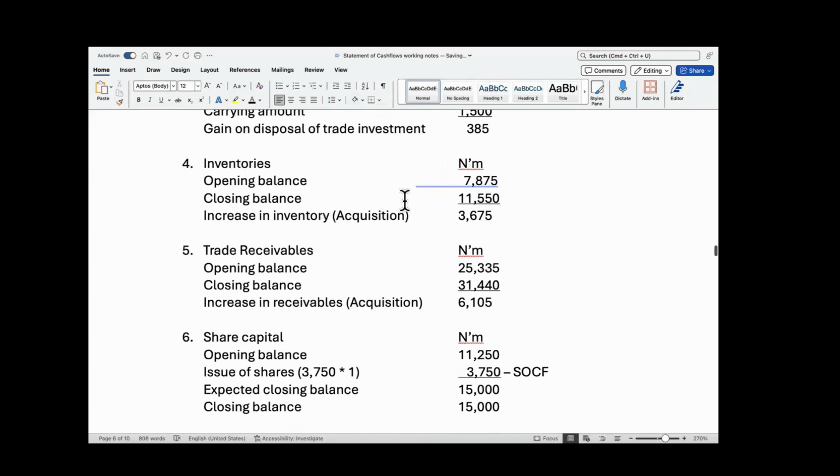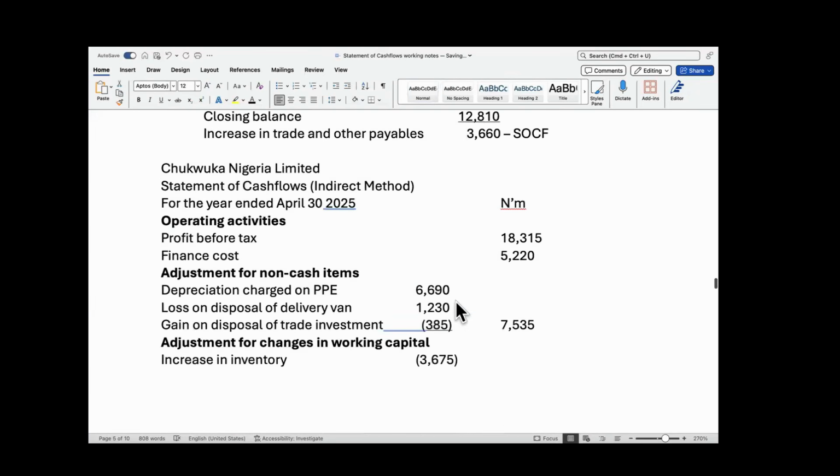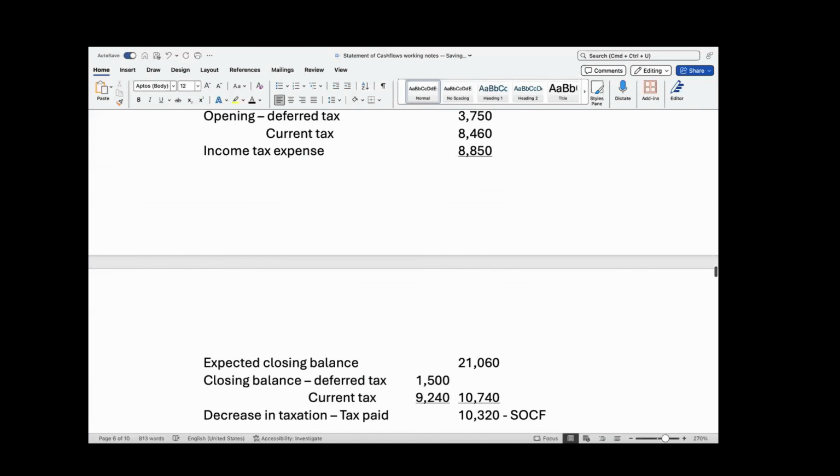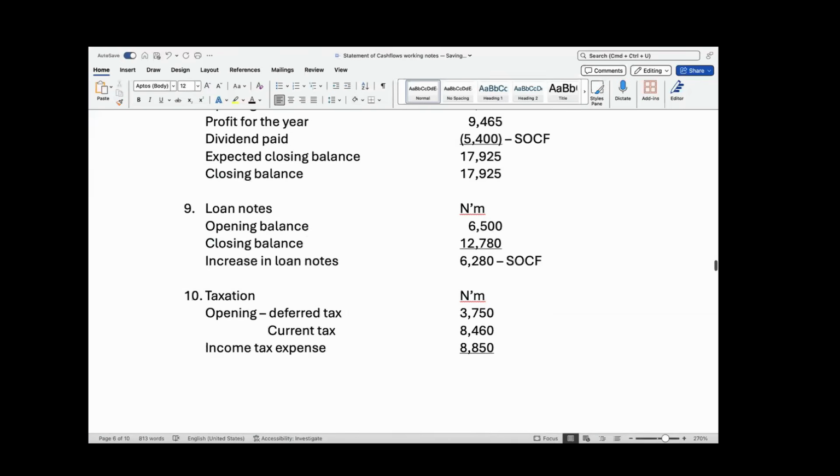Additionally, we have increase in receivables, 6105, also an outflow. And thirdly is payables.